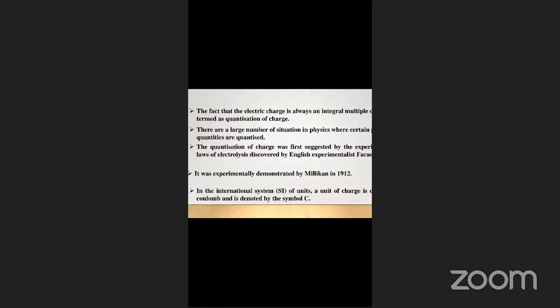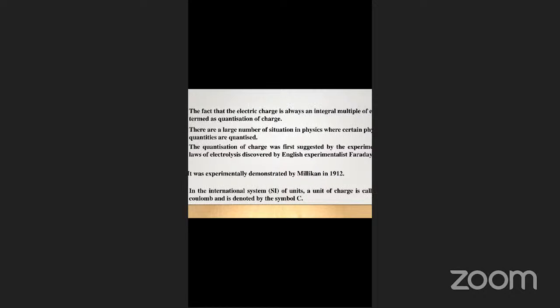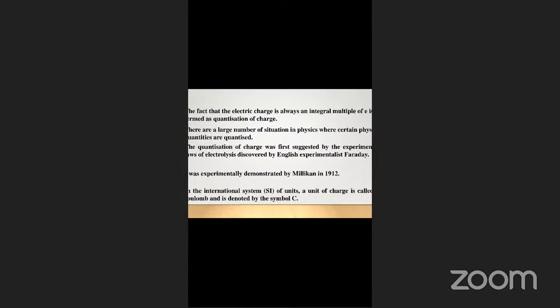Many are there in the first year units and measurements lesson. The same condition you can apply where certain physical quantities are quantized.